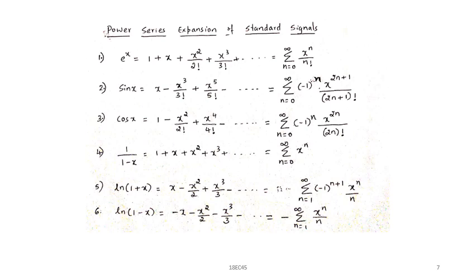And one more is natural logarithm of 1 minus x, that is ln of 1 minus x is equal to minus x square by 2 minus x cube by 3 minus, you'll get all negative terms, equal to minus of summation n is equal to 1 to infinity x to the power n divided by n.